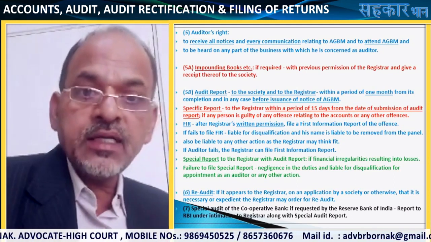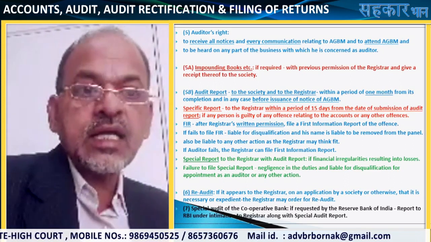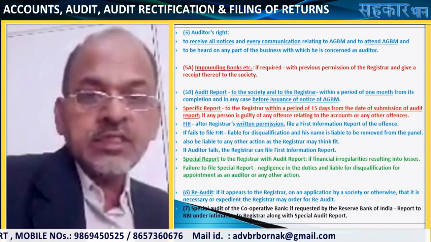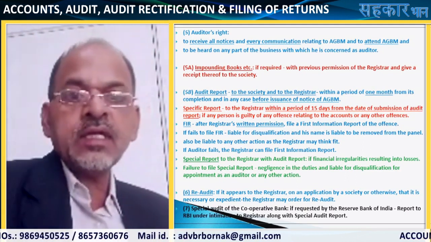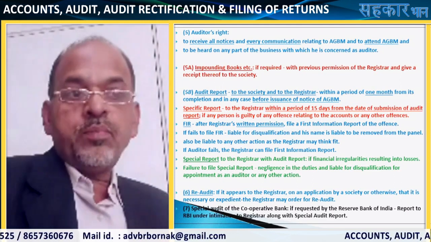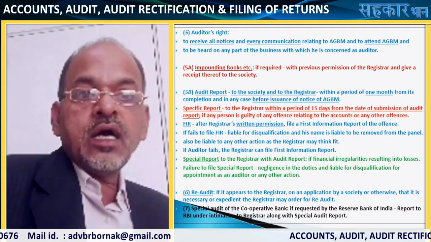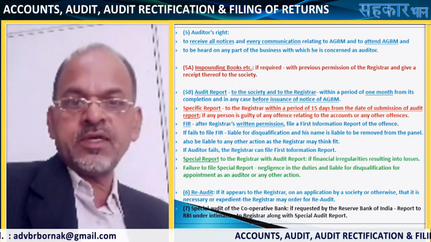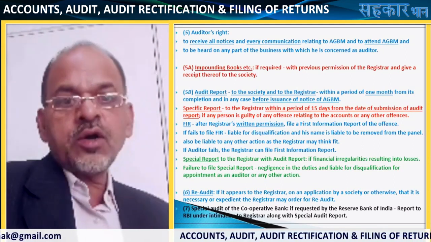As soon as the audit is completed by the auditor, he will have to prepare the audit report and submit it to the society as well as to the registrar, and he will have to see that the audit report is required to be laid before the annual general body meeting. That is why under any circumstances the auditor will have to prepare and give the report to the society and the registrar in any case before issuance of notice of the annual general body meeting.